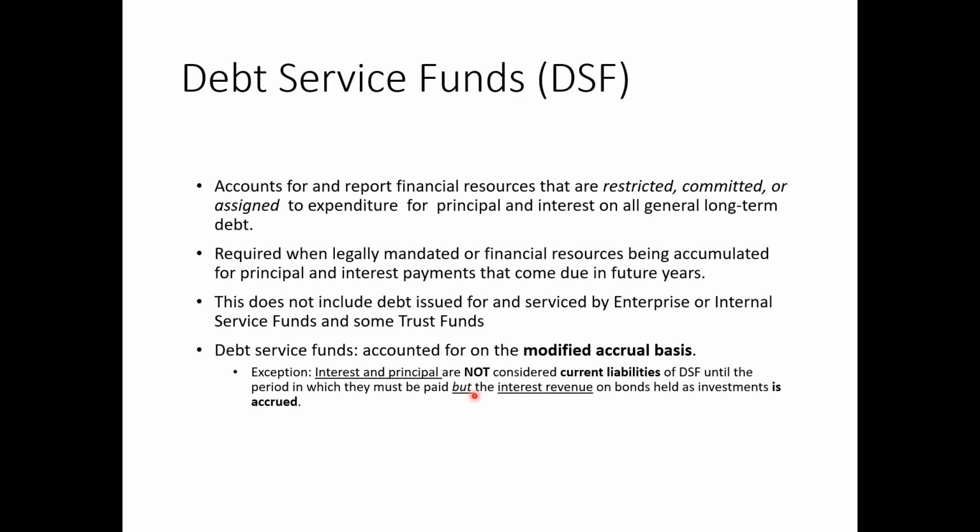But there's an exception. The interest revenues on bonds held as investment are accrued. So we do not accrue any interest or principal payment. In the period when we pay, we're going to record them. But for interest revenues on bonds held as investment, we accrue the revenue. This is something special for interest revenue.